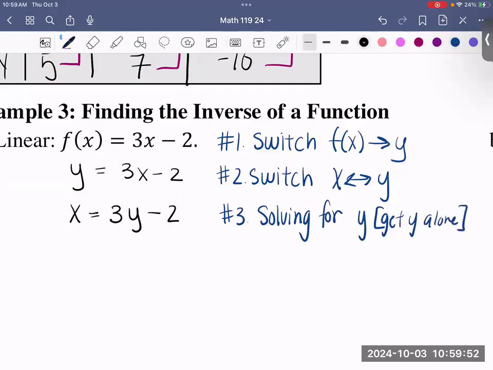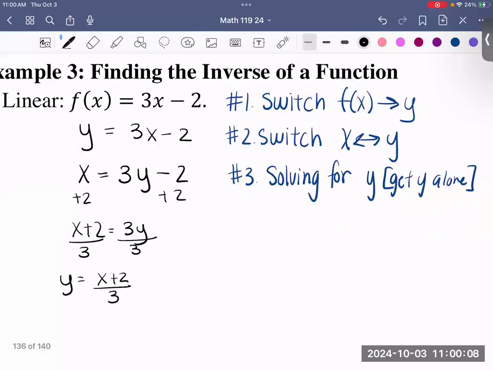So the first thing that we might consider doing is adding 2 to the other side. X plus 2 is equal to 3y. Divide by 3. So y is equal to x plus 2 over 3. Now this looks like we're done here, but we want to recognize that this is the inverse of your original function.